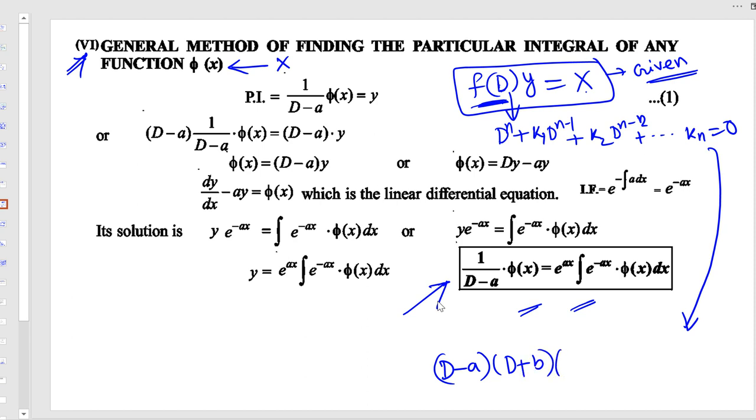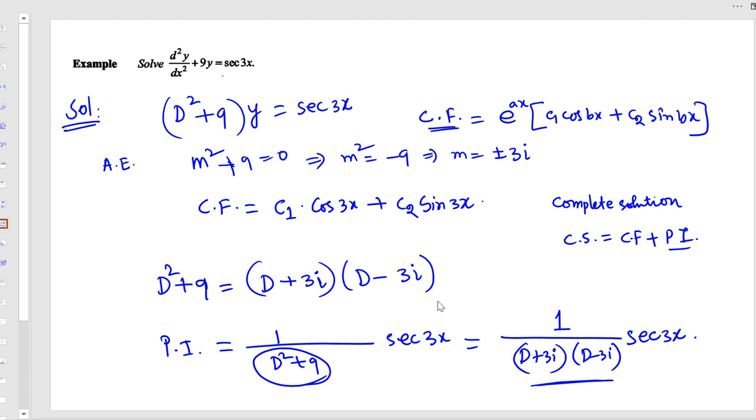You have to factorize this function into linear factors. The difficulty for this method is that if this function is not factorizable, then we cannot apply this direct formula, because we need linear factorization. Remember, the power should be 1, D minus some c, and that should be 0. If you can make it, then we will find it. So this a value will depend on the problem. For example, for this problem, our a is plus minus 3.